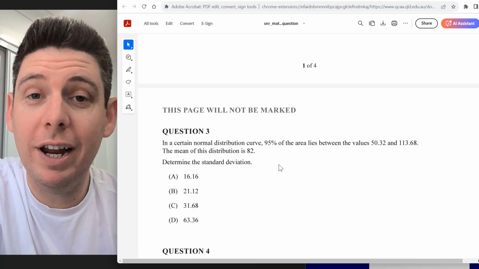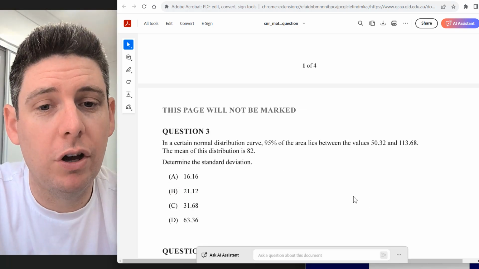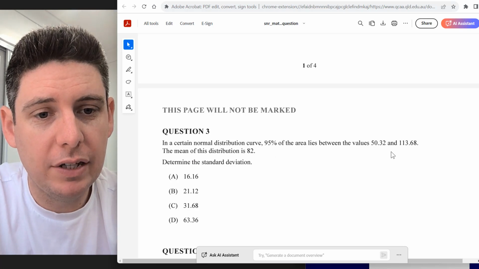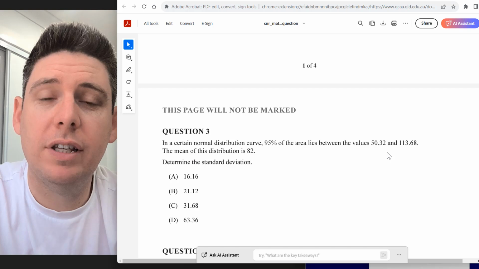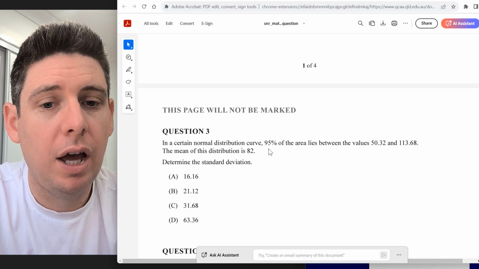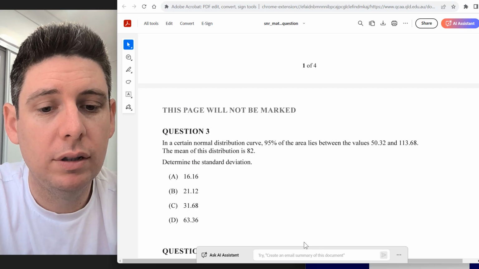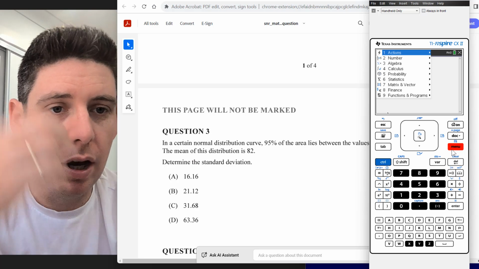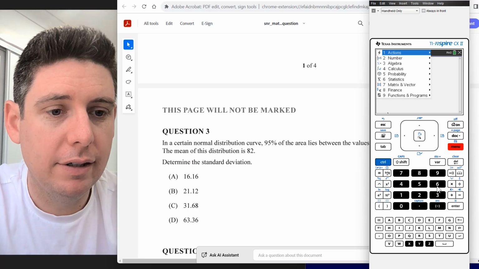All right, question 3. We've got a normal distribution curve and it's 95% of the area lies between these values. So the first thing to do is get the z-score. So you potentially have memorized the z-score. If you haven't, you could memorize this instead.